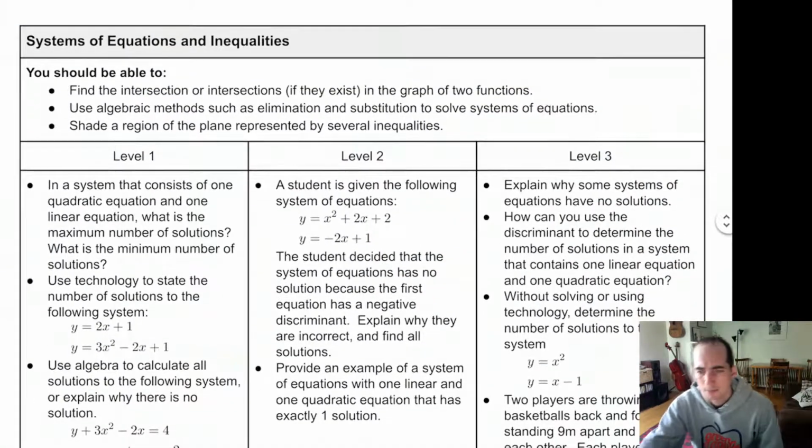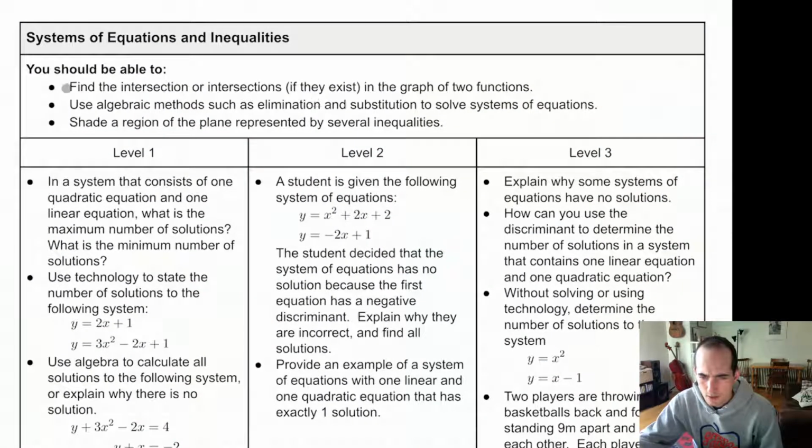Like here's one: use algebraic methods such as elimination and substitution. Well, elimination would be a topic. Substitution would be another topic, right? So there's quite a few different topics in each of these pages. So you should be able to find 10 topics without too much difficulty.